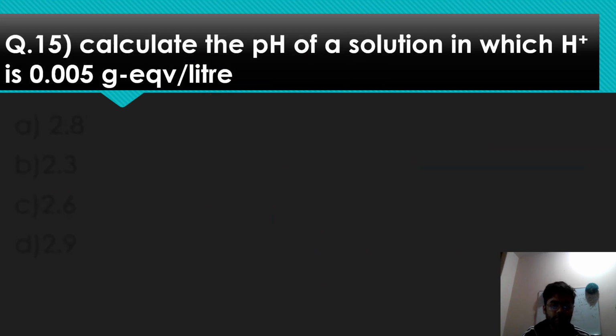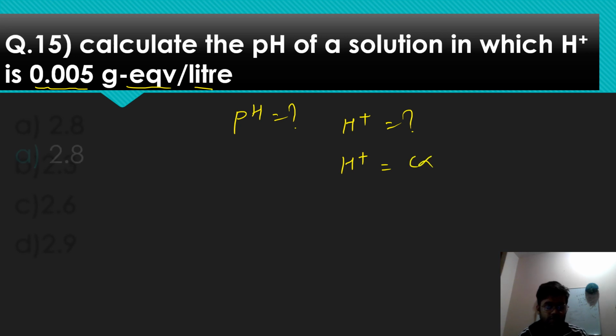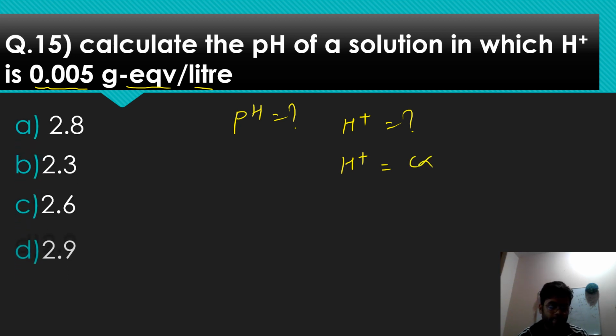Next question. Calculate the pH of the solution in which H plus is 0.005 gram equivalent per liter. We have to calculate pH. For this we should know the concentration of H plus. We know the concentration of H plus is C alpha, and here the concentration of H plus equals 0.005 gram equivalent per liter.